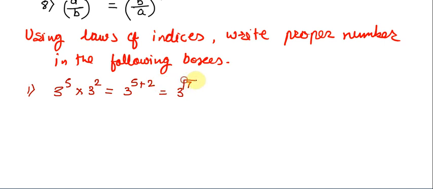Always keep in mind this index must be at the right top corner of the number, and that should be in small font size. Most of the time we make a mistake: instead of writing 3 raised to power 7, we write it as 37. It is wrong. So be careful about writing.